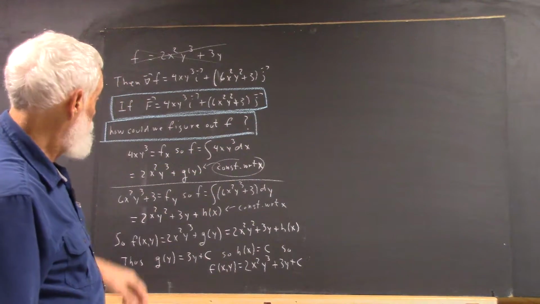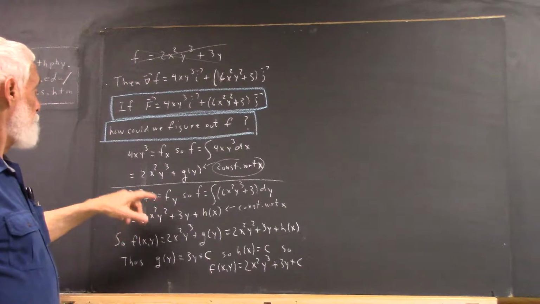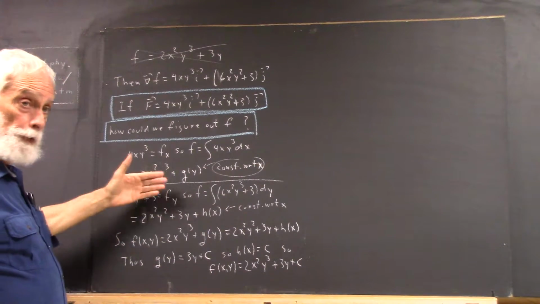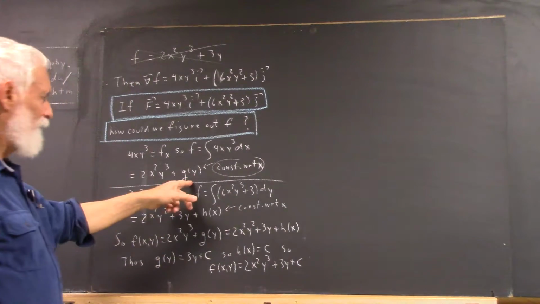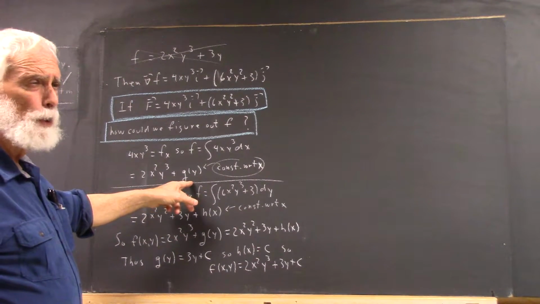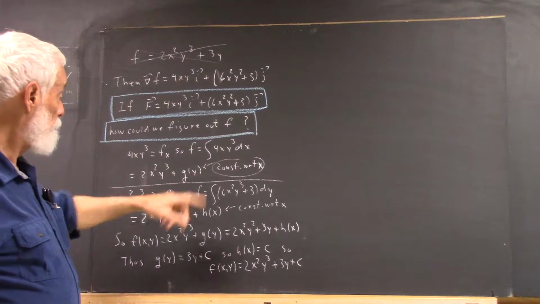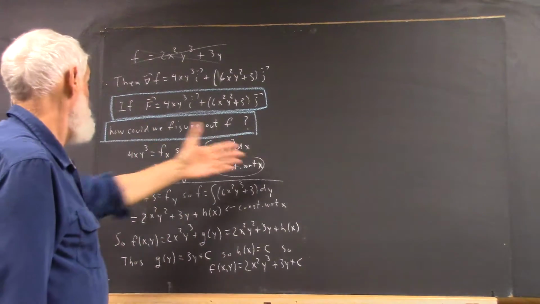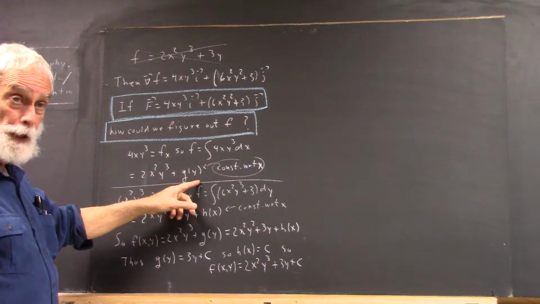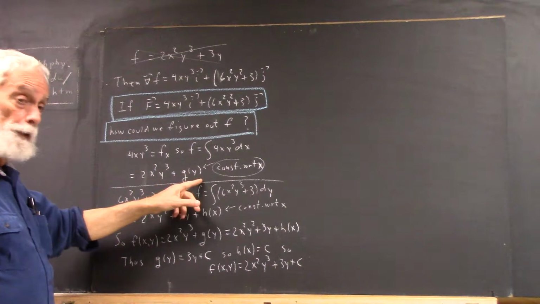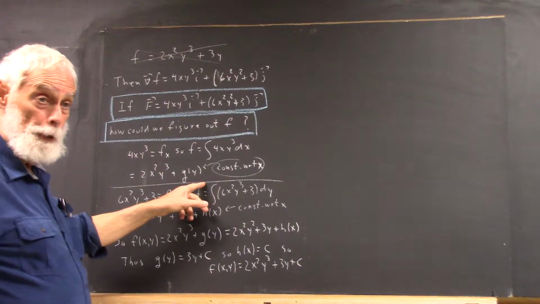So your antiderivative is going to be 2x squared y cubed, and this should be very obvious, plus a constant. Now, my constant I wrote as a function of y. Why is this? Because when we're taking a derivative with respect to x, any function of y acts as a constant, so our integration constant will be a function of y.